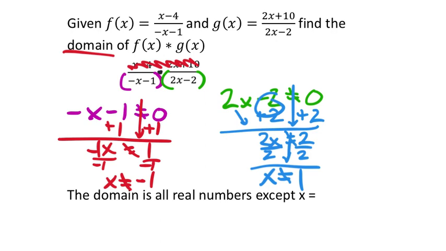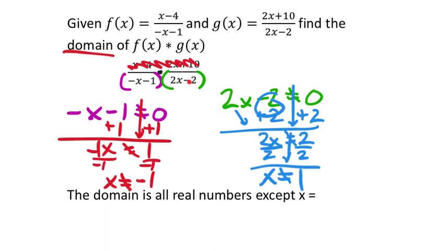Just to emphasize what we just did, I found that x cannot equal negative 1, and I found that x cannot equal 1. It can't equal negative 1 because of this part of the overall function, f of x times g of x. If you substitute negative 1, negative 1 minus 1 is really 1 minus 1, and then this denominator would be 0, and 0 times this would still be 0. You cannot have 0 in the denominator.